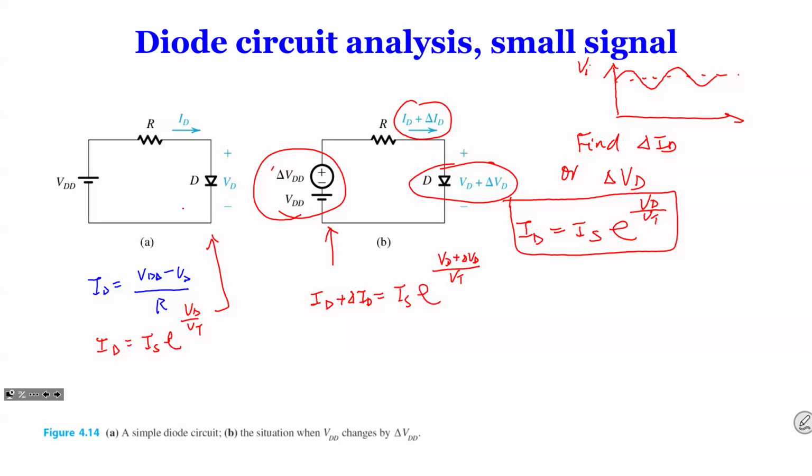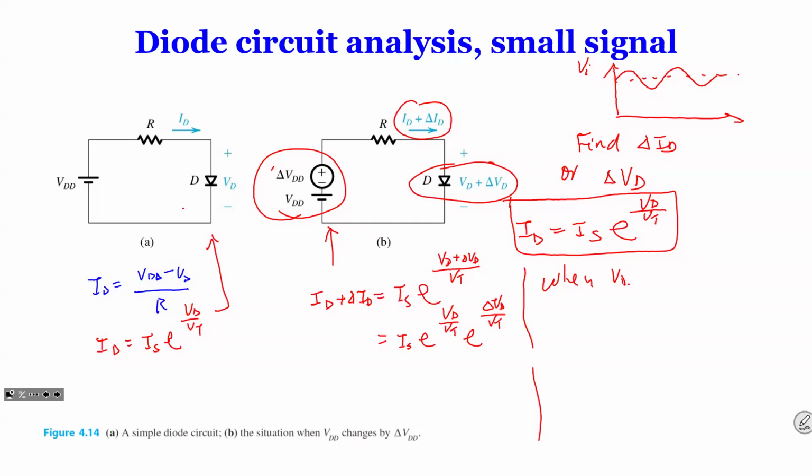So this one is going to be IS times e to the power VD over VT times e to the power delta VD over VT.